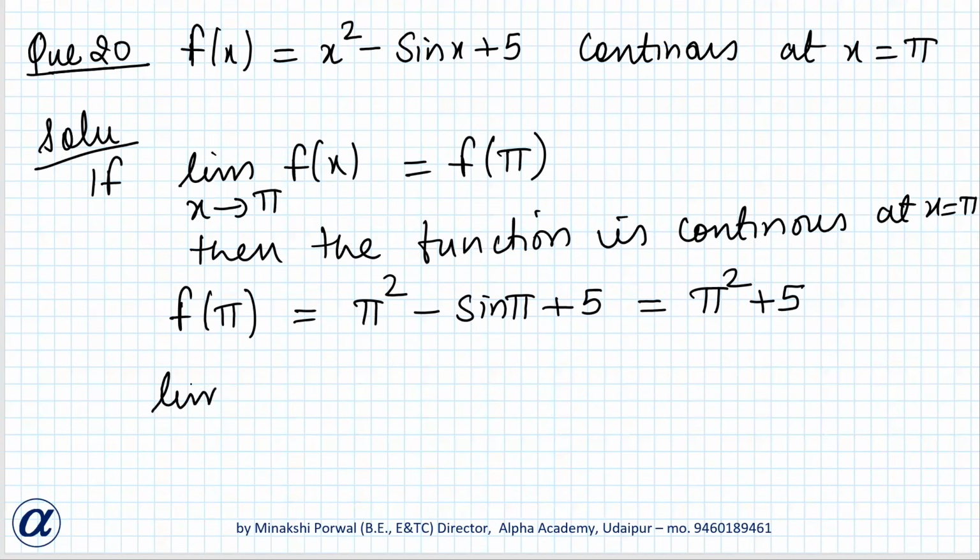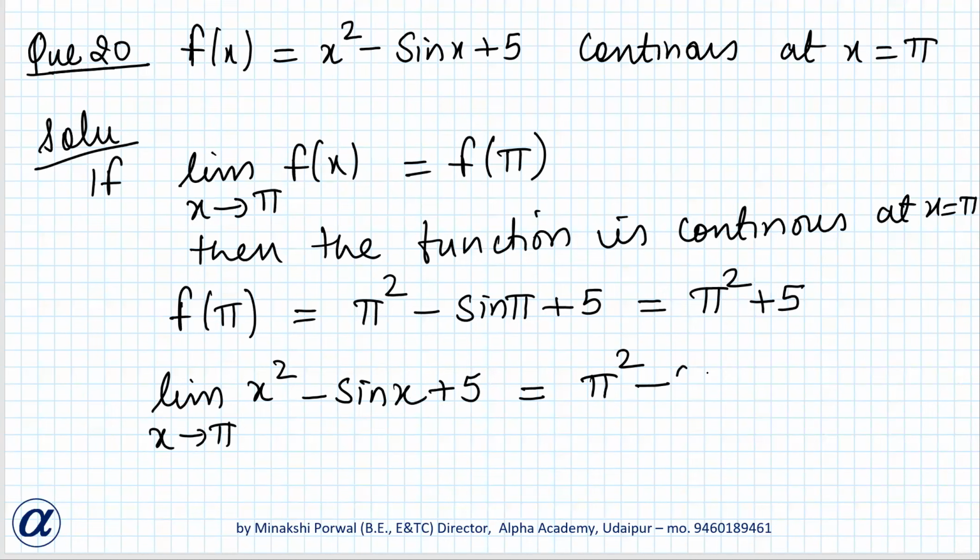And limit x tends to π of f(x) is x² − sin x + 5, which is equal to π² − sin π + 5, that is equal to π² + 5.